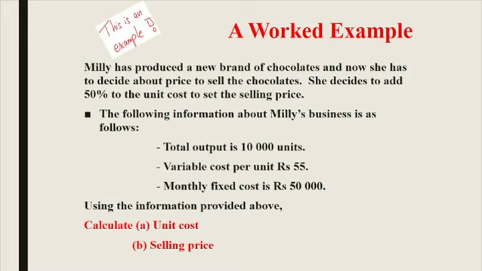Total output is 10,000 units. Variable cost per unit is 55 rupees. And monthly fixed cost is 50,000 rupees. Using the information provided above, let's calculate unit cost and selling price.